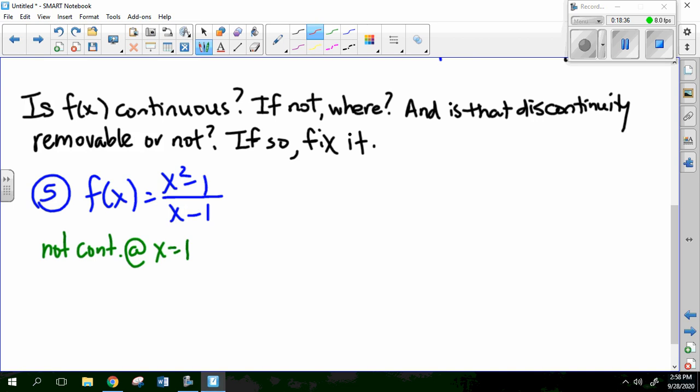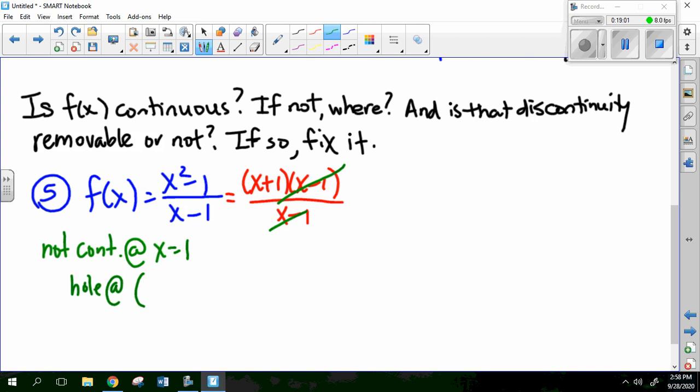Well, that goes back to seeing if you can simplify the function at all. And so I'm factoring the top and the bottom, and I'm going to see if they have any factors that cross out. If the factor on the bottom, if the thing that gave me the discontinuity, crosses out, that means there is a hole at that x value. Okay, now I specifically want to know where the hole is, not just the x value.